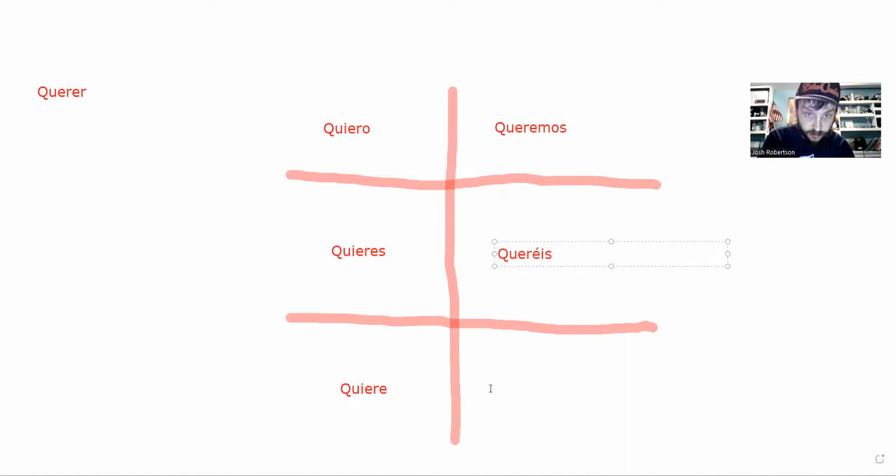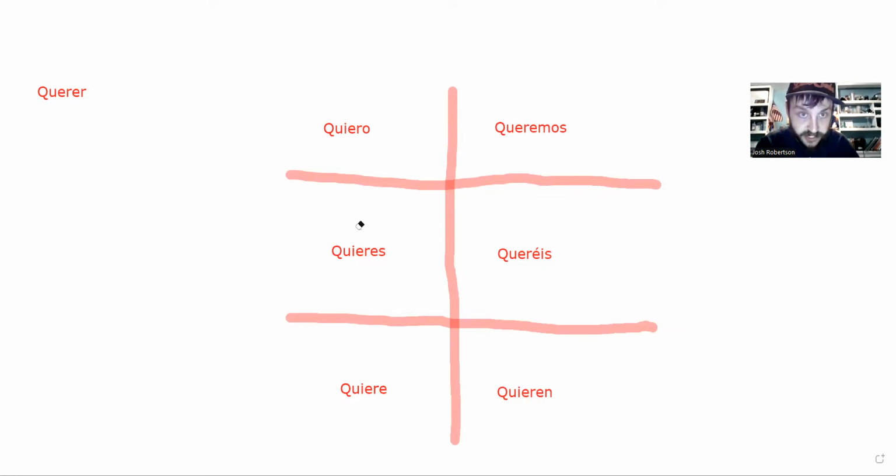Ellos, ellas y ustedes quieren. See that? Now this is the indicative present. Querer conjugated in the indicative present is yo quiero, tú quieres, él, ella y usted quiere, nosotros, nosotras queremos, vosotros, vosotras queréis, ellos, ellas y ustedes quieren.